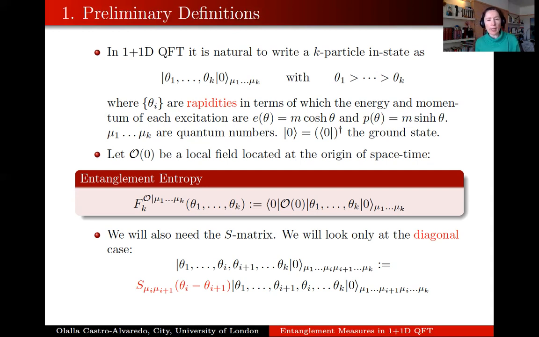For now, let's look at diagonal theories where the S matrix only has two indices. The S matrix is defined like this. The two-body scattering matrix relates a state with a certain set of rapidities to another state where you have exchanged two rapidities.